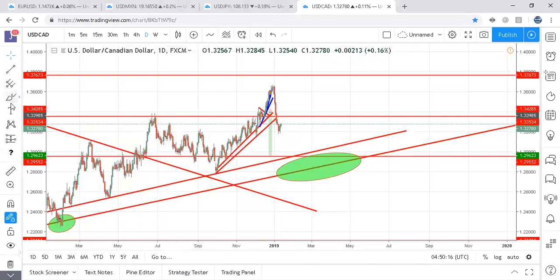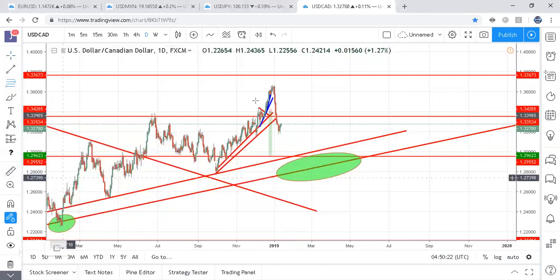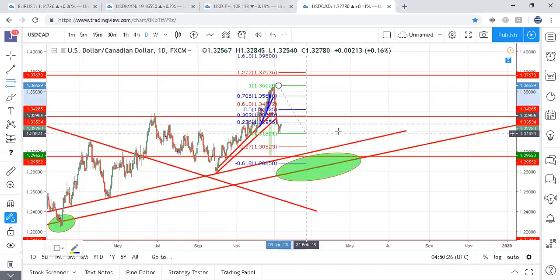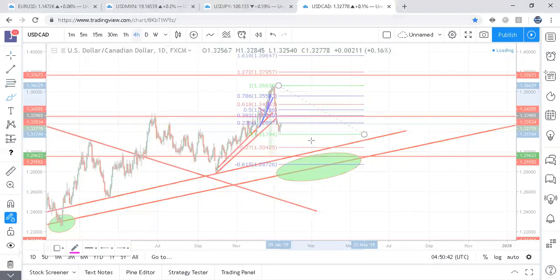All right, so we're gonna put a retracement on this, try to see where it would retouch before it drops back down. Right, so this is kind of what I am gonna go for.